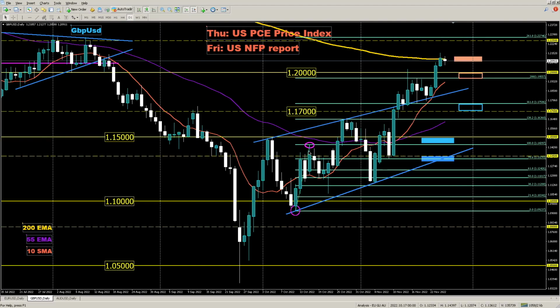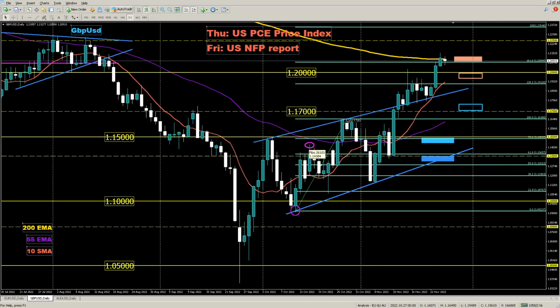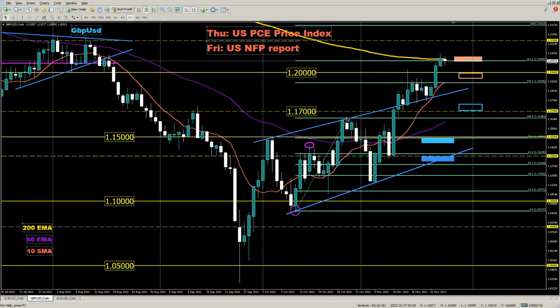Let's update this fib now. This continuation move extended into the 162, which is right at the 200 EMA, and that's where it closed, right at the 120.91.